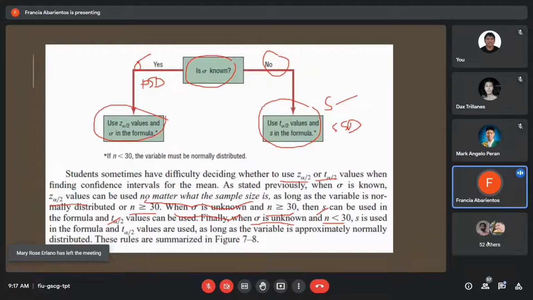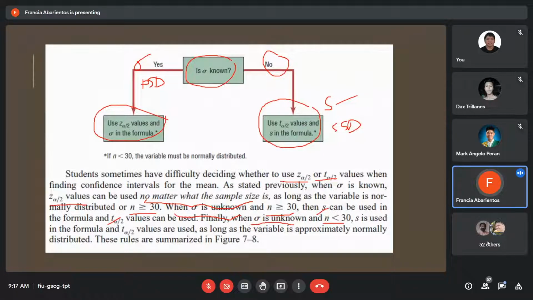You have to find the sample mean minus the, kung mag-fall siya sa, for example, z-value siya, z-value alpha divided by 2 times the population standard deviation over the square root of n, which is the sample size.